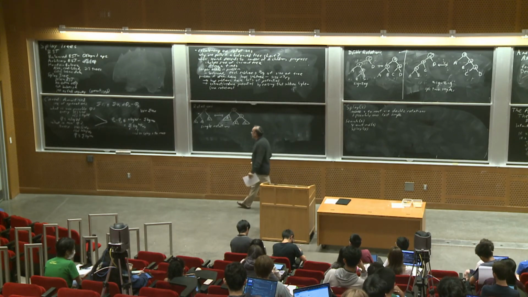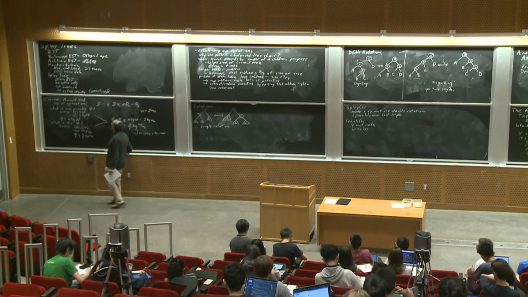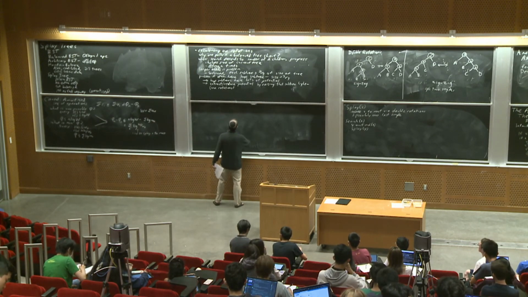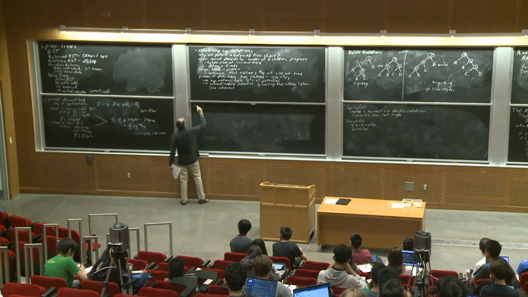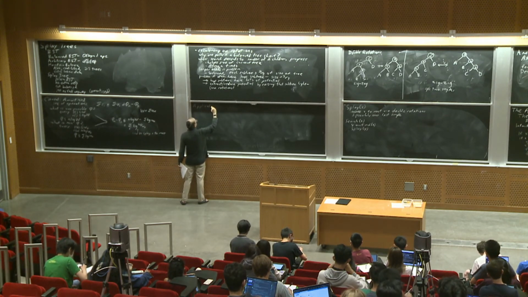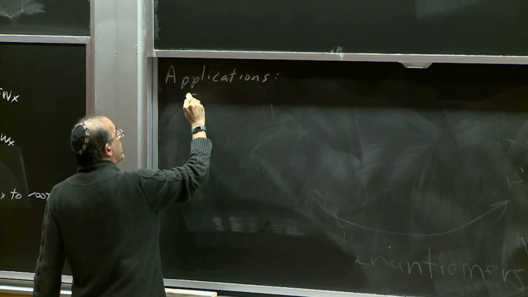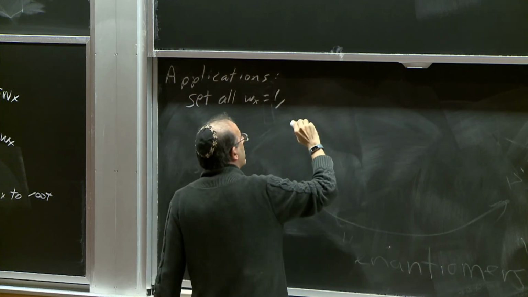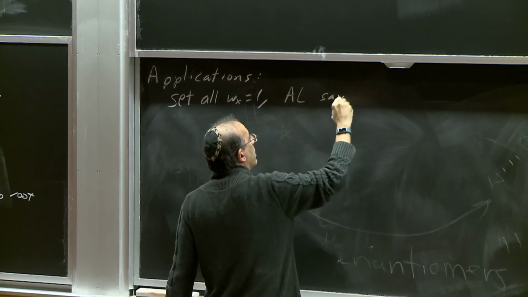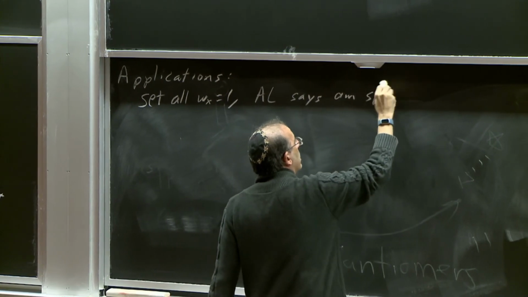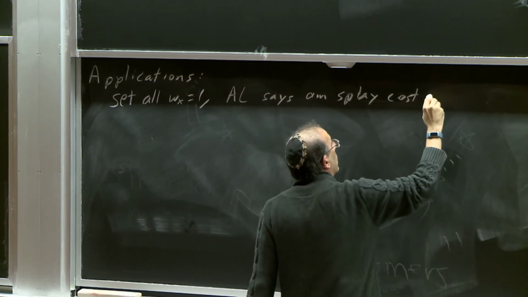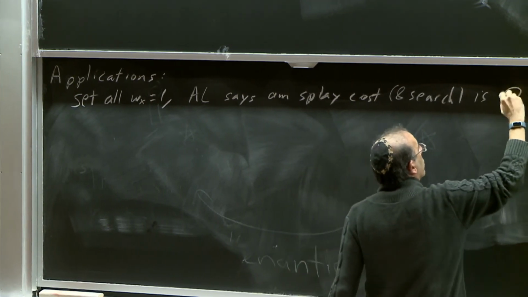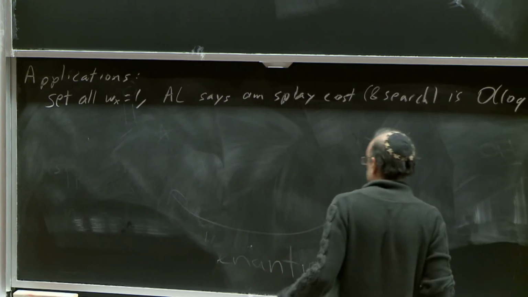So now that we have proven the access lemma, we can apply it. Okay, we've already said that if we set all of the wx equal to 1, then the access lemma says that the amortized splay cost and search cost is order log n.